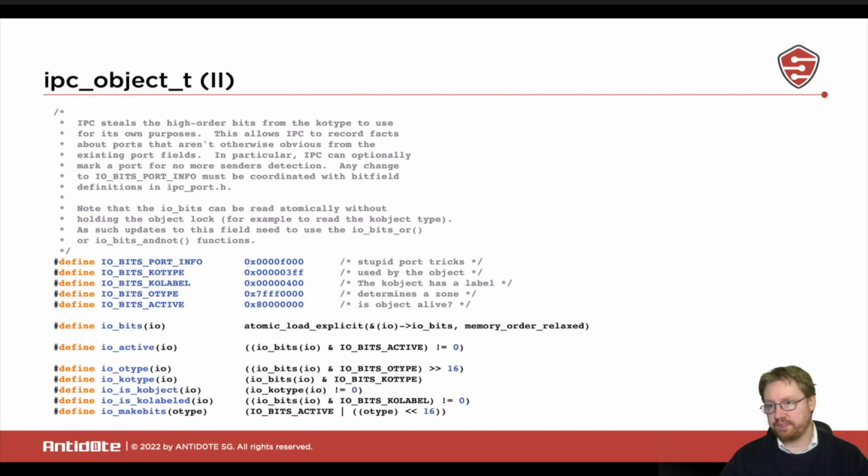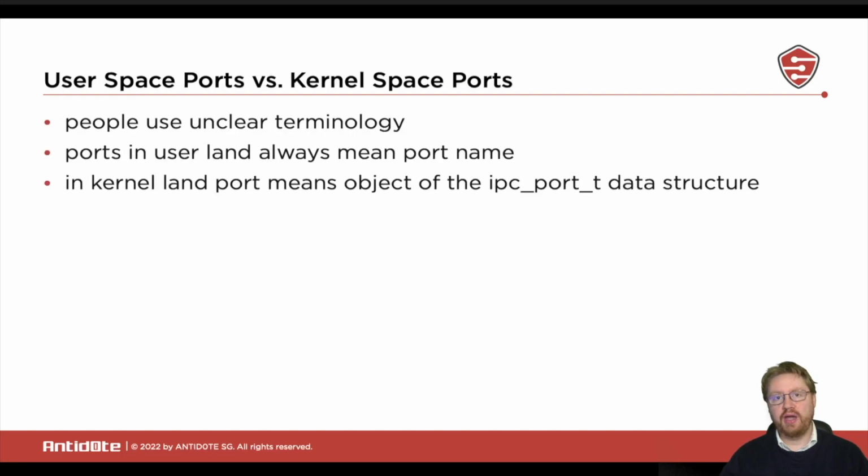When we speak about ports, there's usually a confusion between people coming from user land and people coming from kernel land, because a port is technically just the kernel data structure, the ipc_port_t, or maybe a pointer to it. But in user land we don't have this kind of data structure. In user land we have something called a port name.